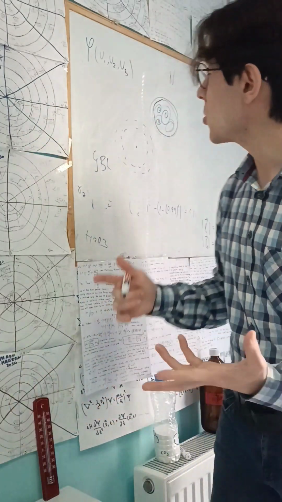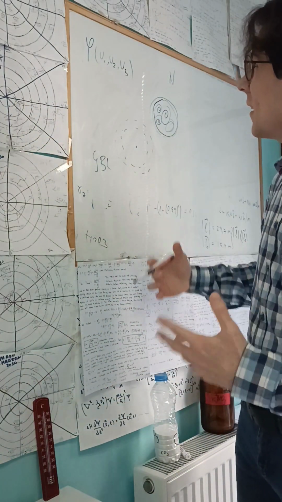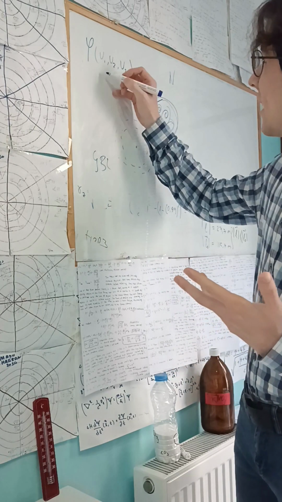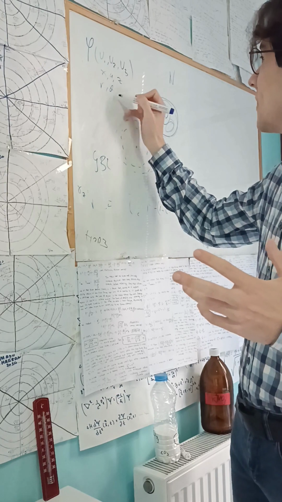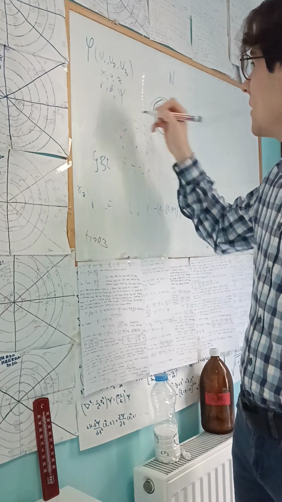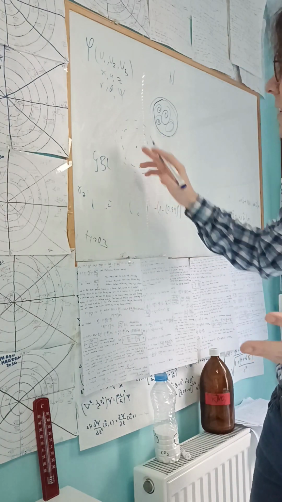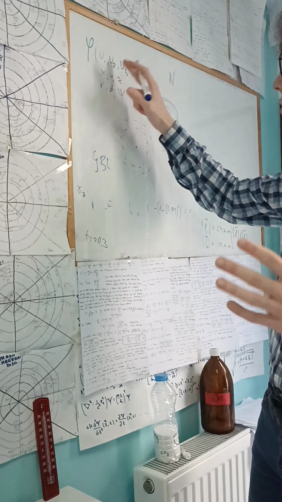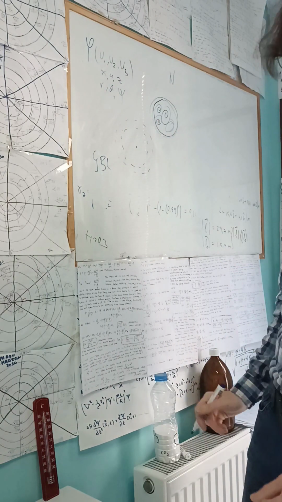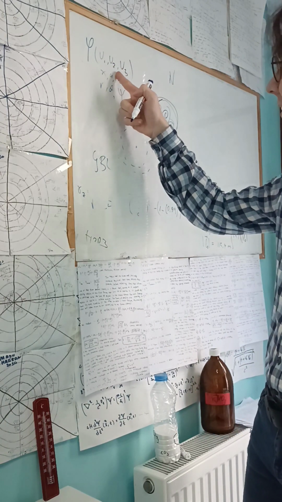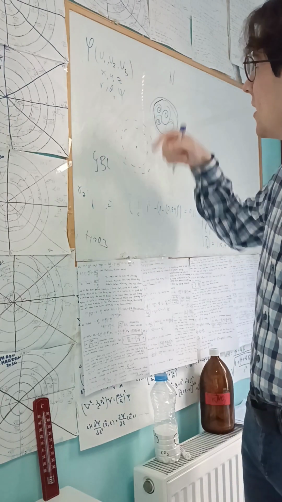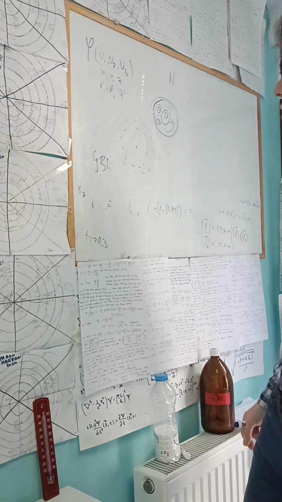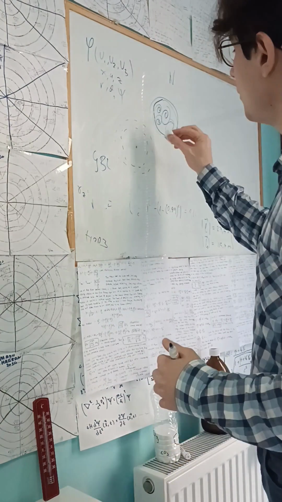So I am not directly writing x, y, and z, or r, theta, and psi, or something else. I am just writing u1, u2, and u3. These are just the coordinate distances.